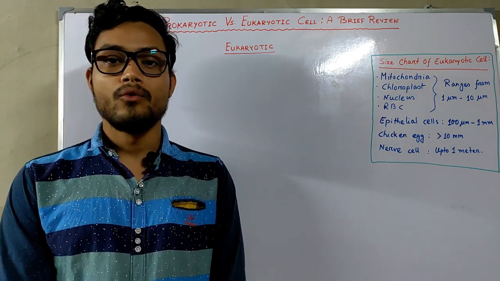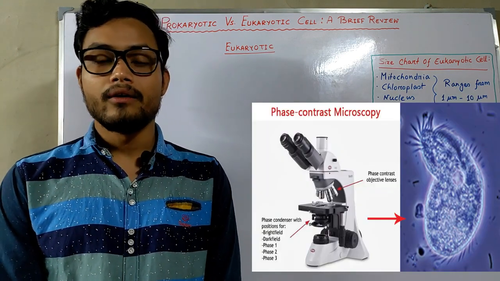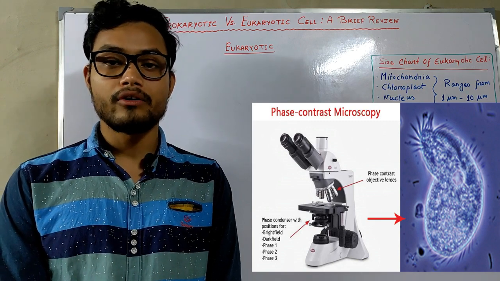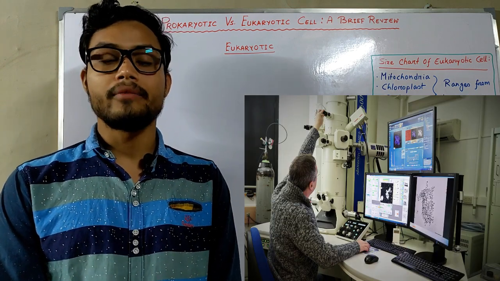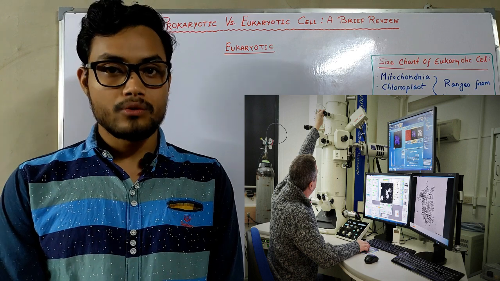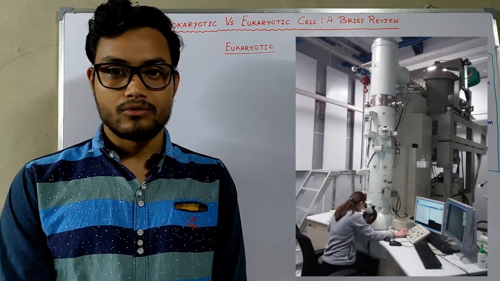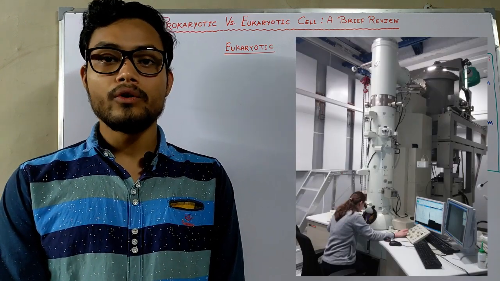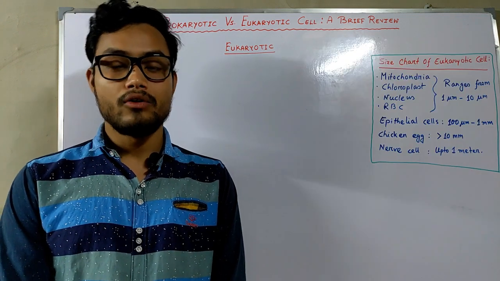Today, we have many more microscopes like the phase contrast microscope, compound electron microscope, compound light microscope, fluorescence microscope, and even the cryo-electron microscope. Those allow us to look into the cells and cellular organelles.